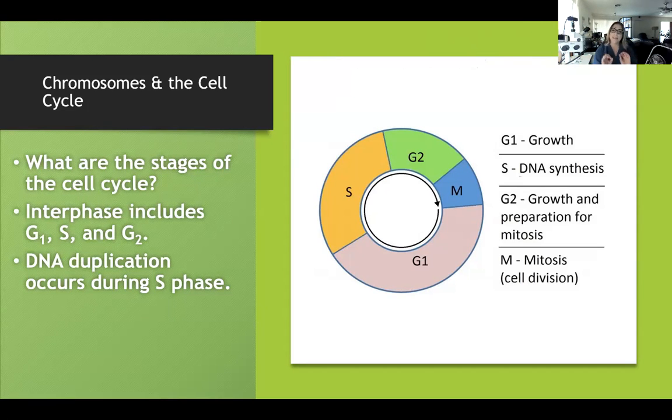They code for the same inherited traits, like eye color. Sister chromatids are identical. So you have two sister chromatids with the brown eye allele, and two sister chromatids with the blue eye allele. One set of sister chromatids is homologous to the other set.